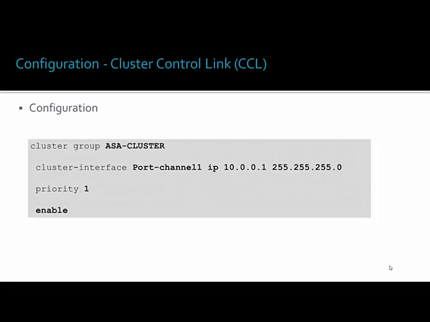So let's talk about configuration. I'm going to start with how to configure the cluster control link. On each member of the cluster, we need to create a cluster group and give it a name. Then under the cluster group, we must create a cluster interface and determine which interface and which IP address will be used for cluster controlling.